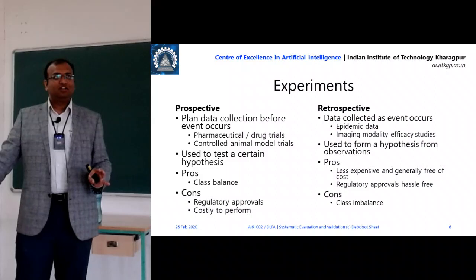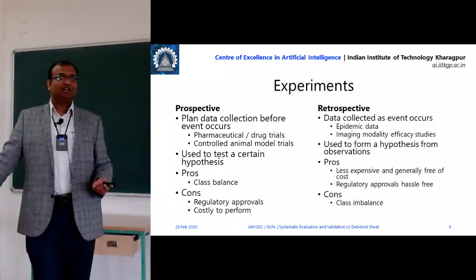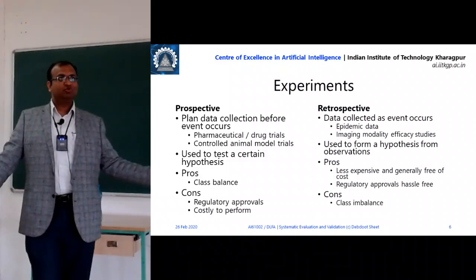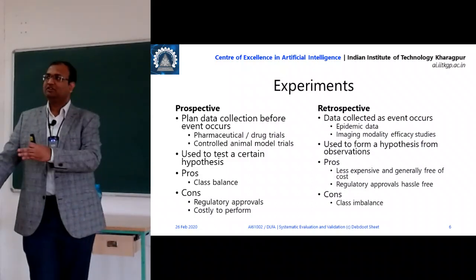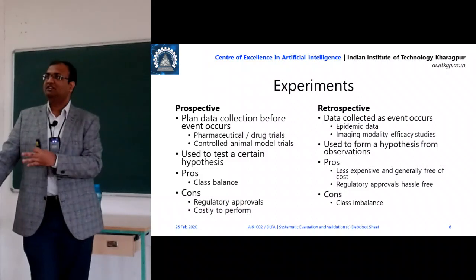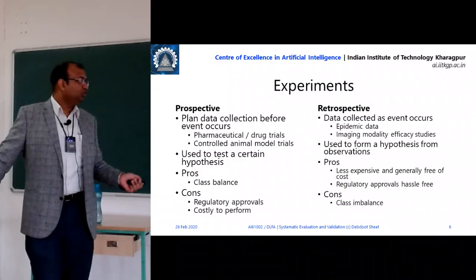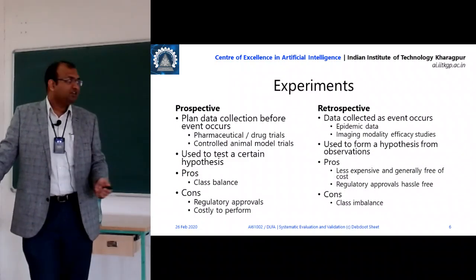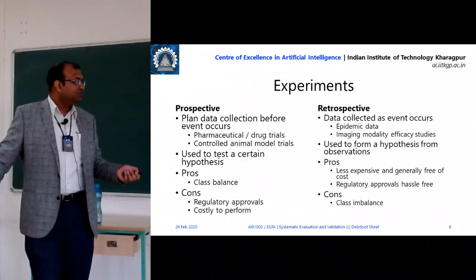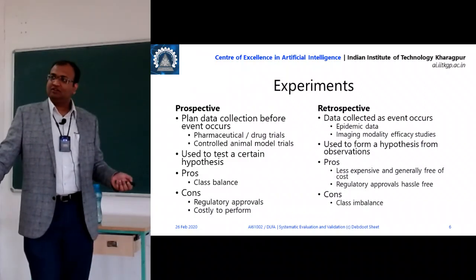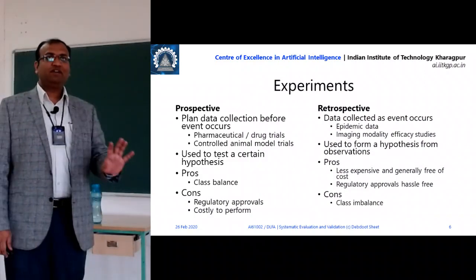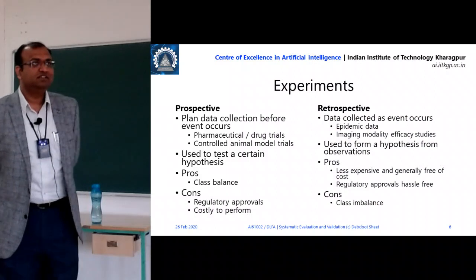Whatever you build will be very good in this range of 18 to 28, but below 18 it will not work great, and above 28 also it will not work great because it has not seen enough data. The good thing is that you don't need to wait for long, you don't have a costly affair because everything is already there, it's already signed off. That's the advantage, but the con is that you have your class imbalance issue. So these are factors which you will have to keep in mind when you are designing practical systems.